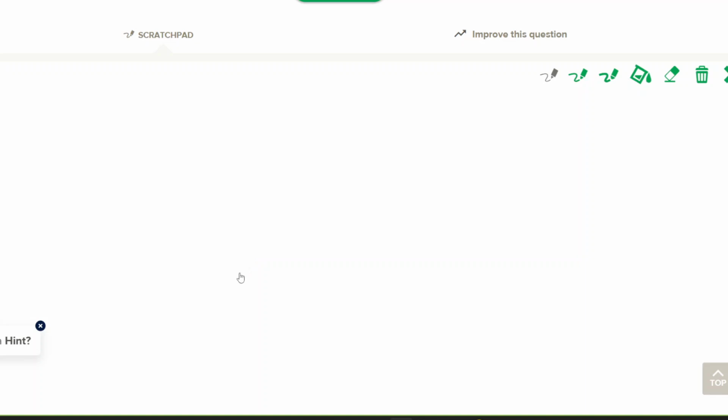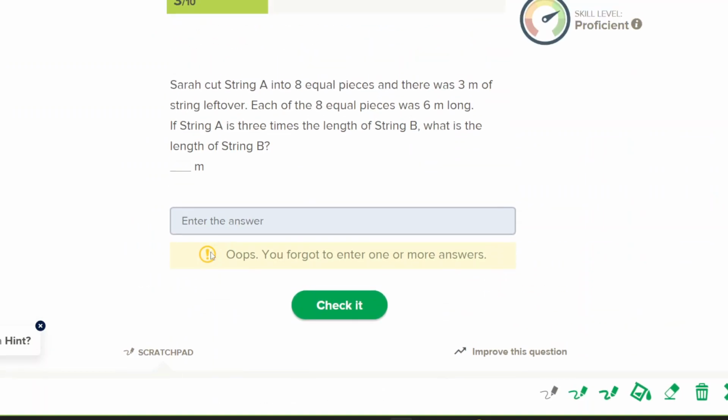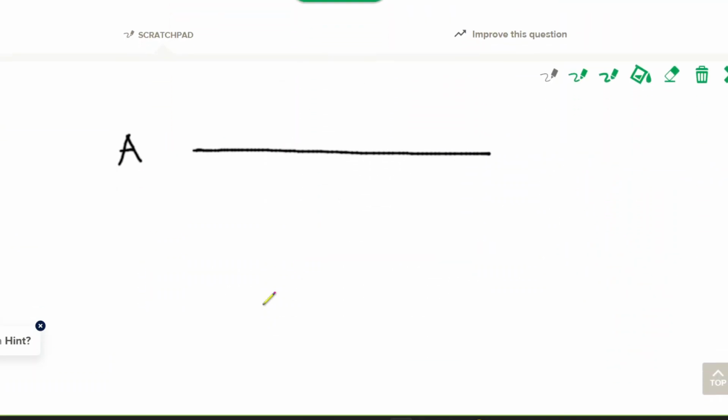So let's do string A. That said Sarah cut string A up into 8 equal pieces, and those pieces were 6 meters long with 3 meters left over. All right, now I can draw a little diagram, cutting it into 8 equal pieces.